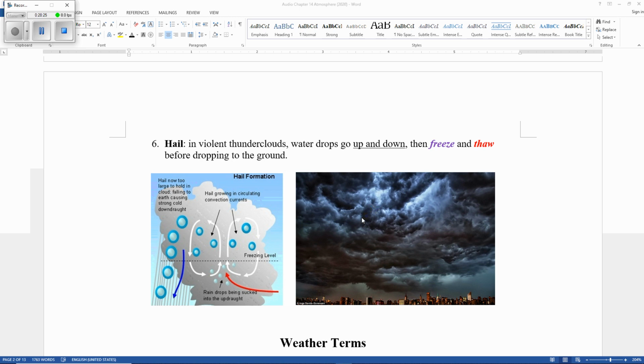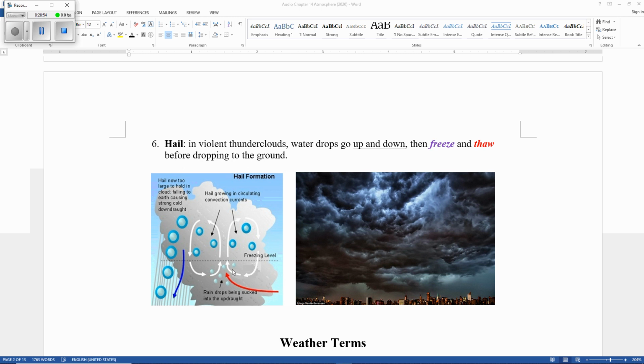So now the water droplet will go high and low, high, low, making many loops before dropping to the ground. Now see what happens to this one. Suppose here's the line we call the freezing level. The water is going to freeze, goes up, and back, melts down. We call that freeze and thaw.